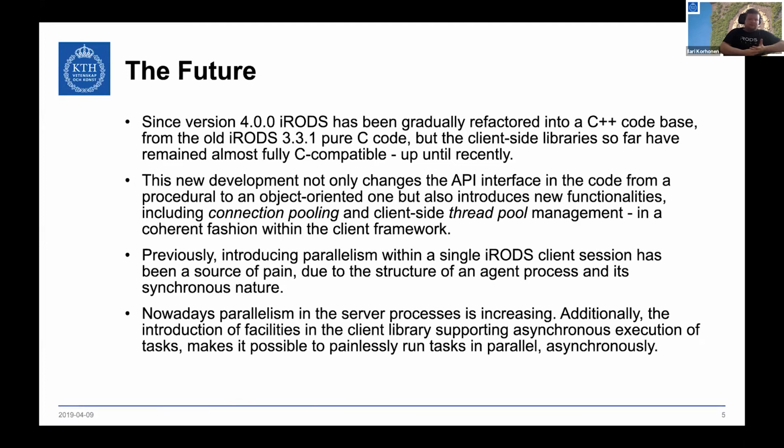And this basically enables us to write a lot more parallelism within the client, because now we can schedule tasks that span many different connections to different server agent processes. So that means that we can distribute work to many threads running in the server. And we can even do this nicely asynchronously.